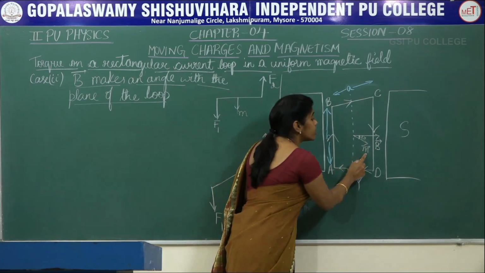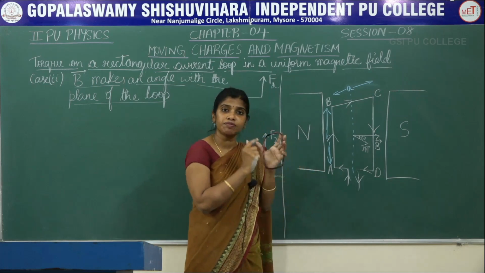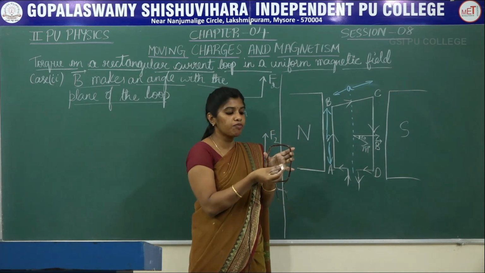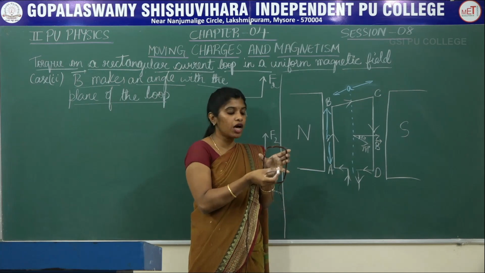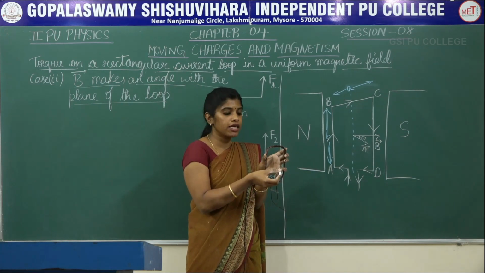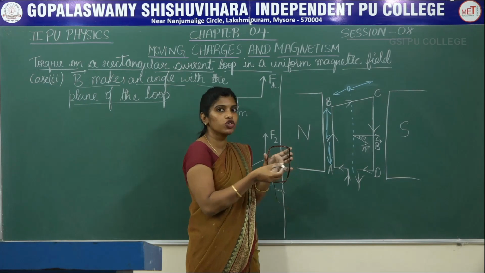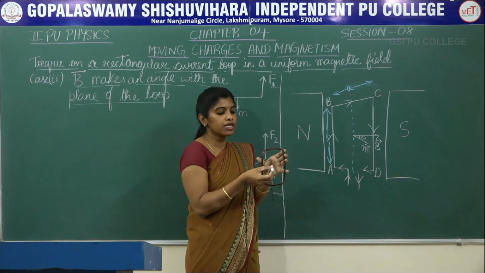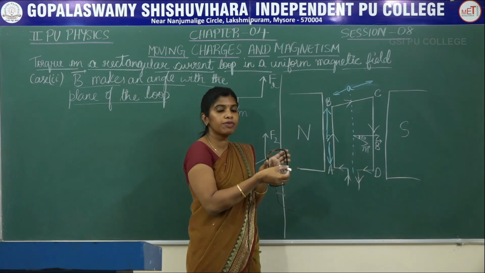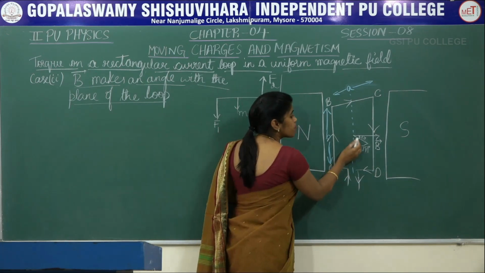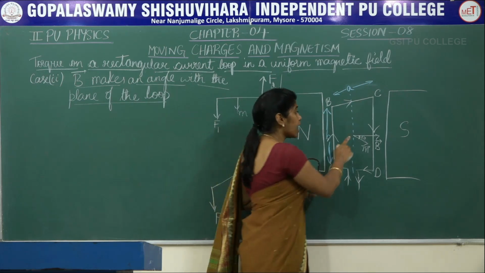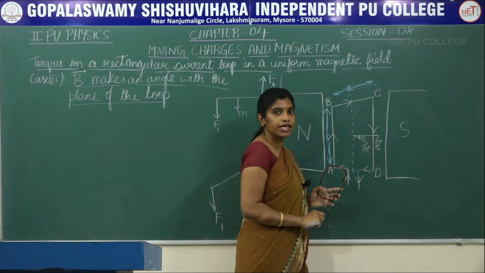As I have told you, the dipole moment is always perpendicular to this plane. The dipole moment was in this direction before. Now as you tilt this, the dipole moment also is going to get tilted. That means the dipole moment should always be acting perpendicular to the plane of the loop. Therefore the dipole moment is this, and the magnetic field is acting in this direction.